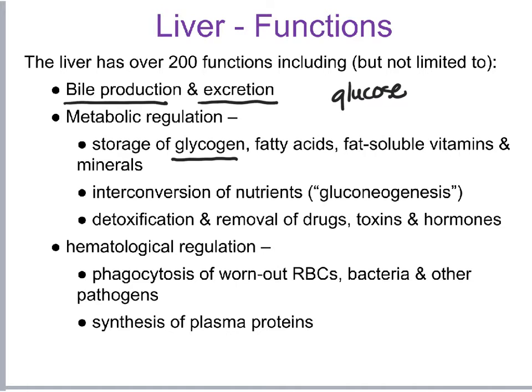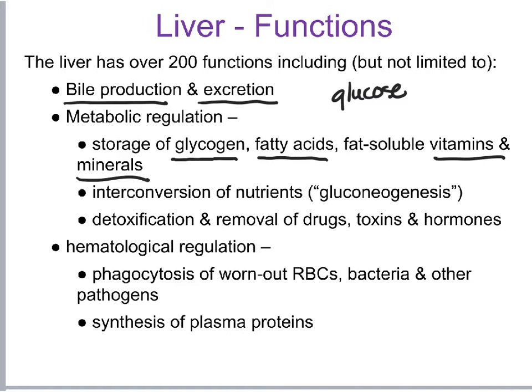It also helps to regulate the amount of fatty acids that we find in the blood as well, and some of the fat-soluble vitamins and minerals. So really the liver is kind of acting as, like I said, a monitor for the blood, constantly monitoring and modifying blood concentrations of energy and other products that your cells need.